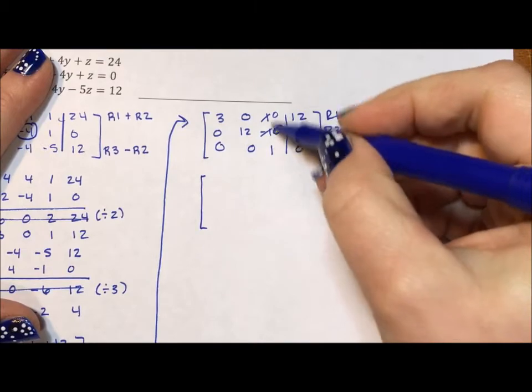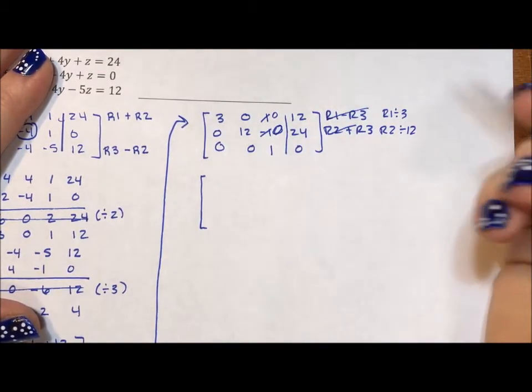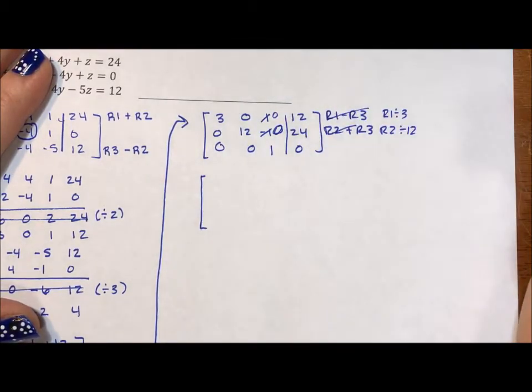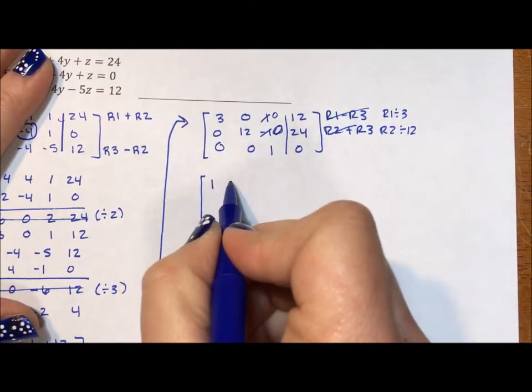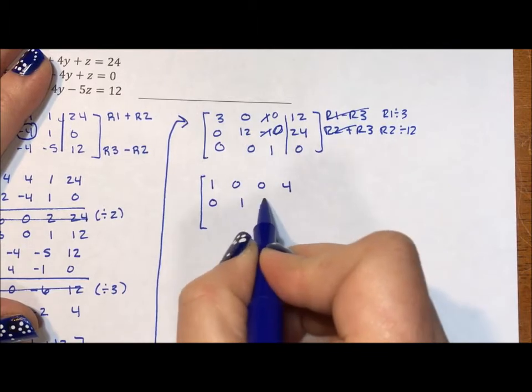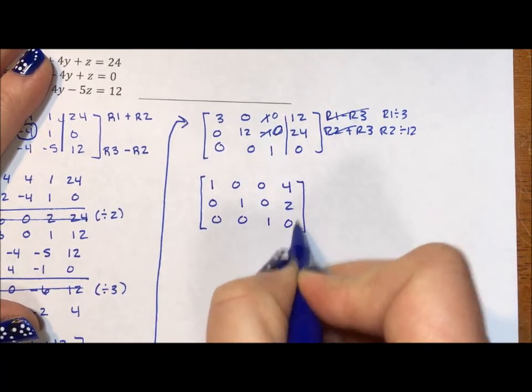I don't do this kind of thing often. I'm only doing it now because these problems do get long, and rewriting all of that just to say the 1 and negative 1 become 0 seems like more work than we need to do. All right, 1, 0, 0, 4, 0, 1, 0, 2, 0, 0, 1, 0. We have an answer.